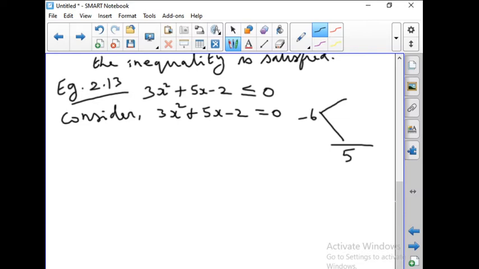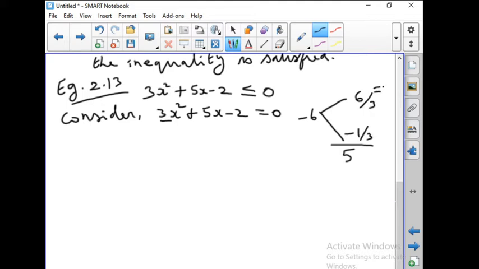So what are the two numbers? 6 and minus 1. When you multiply 6 and minus 1 we get minus 6, and when we add 6 and minus 1 we get 5. Now we have 3 as the coefficient of x square, so you divide this by 3.